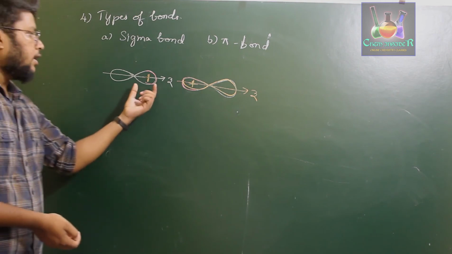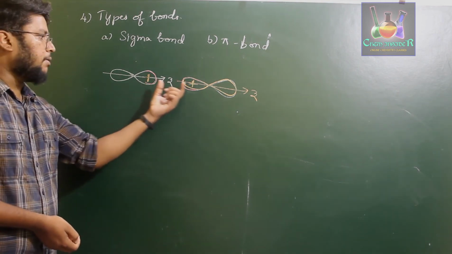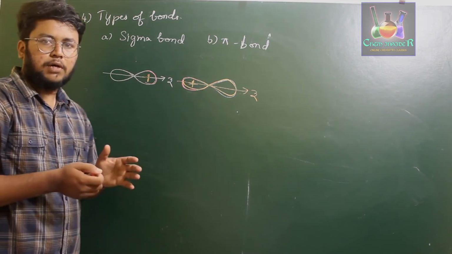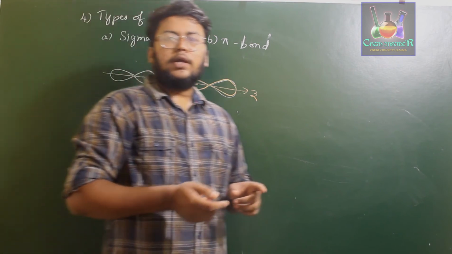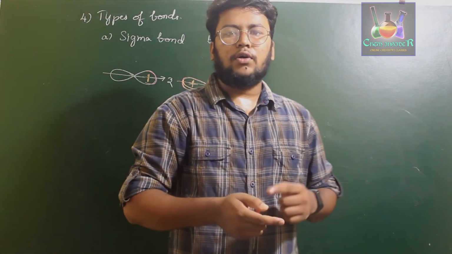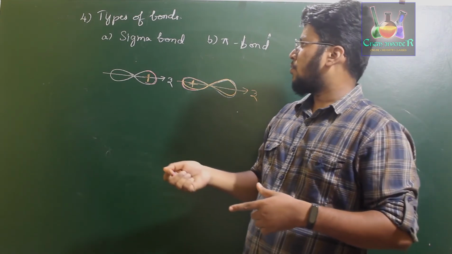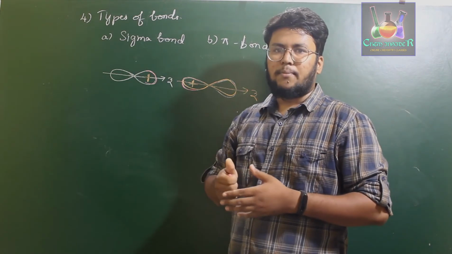That is, the head of one orbital will be overlapping with the head of the other orbital. Whenever you come across an overlapping where the two orbitals overlap head-on in bond formation, then the bonds formed are called sigma bonds.